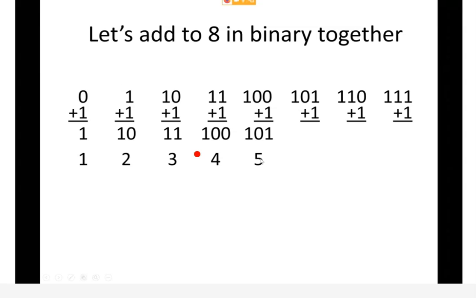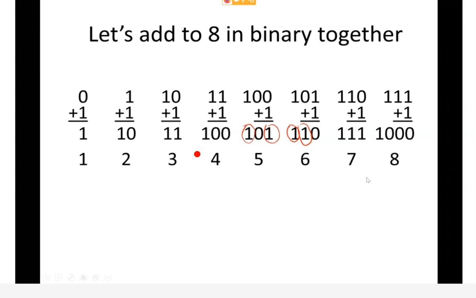We have 1 in the 4 column and a 1 in the 1's column, so that adds up to 5. We have a 1 in the 4 column and 1 in the 2's column, which adds up to 6. This is all our decimal equivalent down below. And of course, 4, 2, 1 adds up to 7.